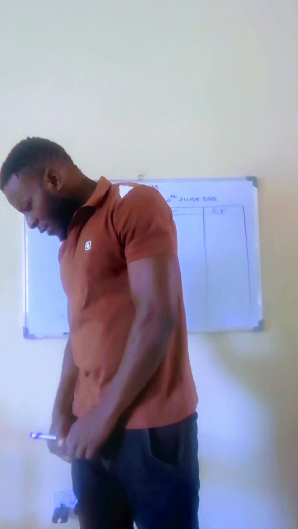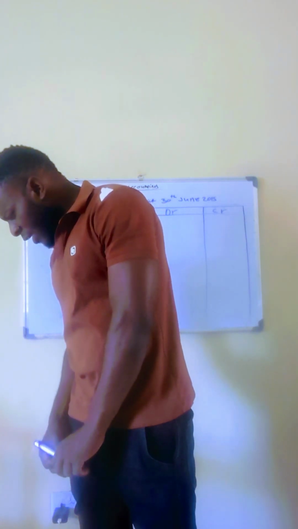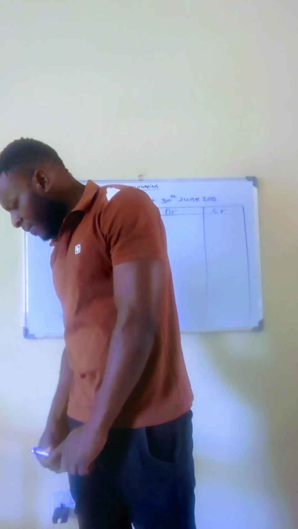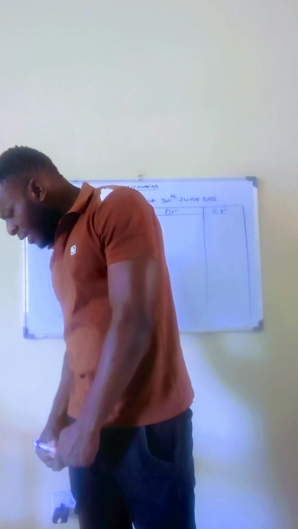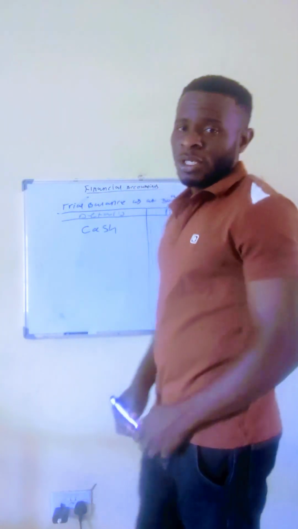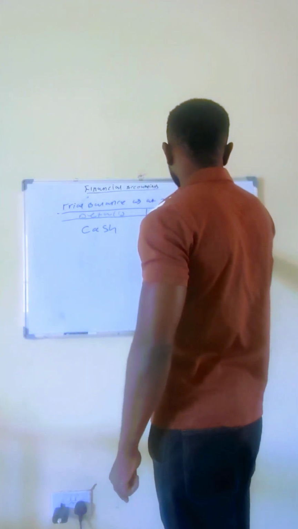Here on the cash account, the figure is 5,500. We've recorded it on the credit side of the cash account. So the balance brought down here is 5,500.